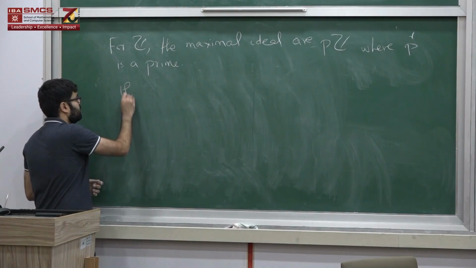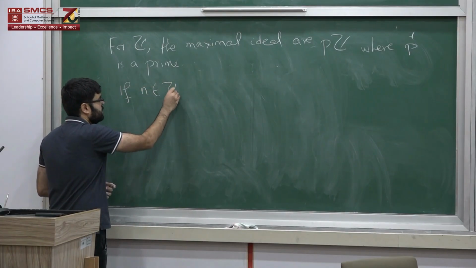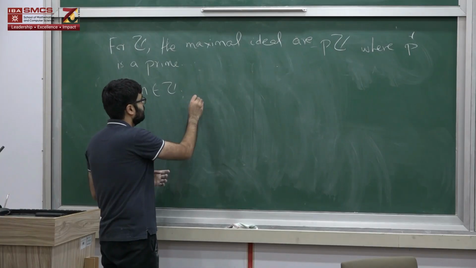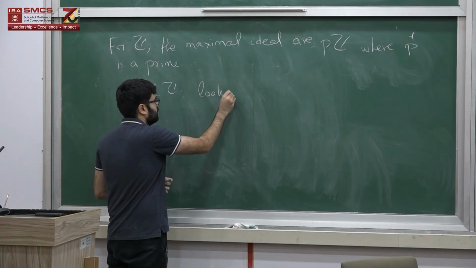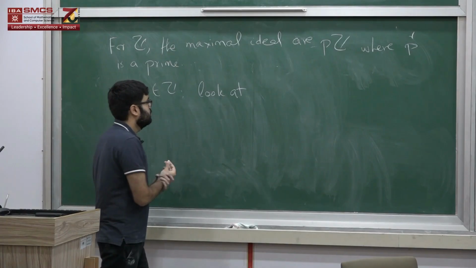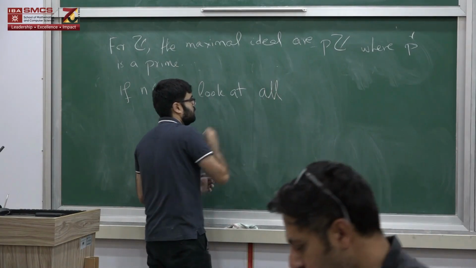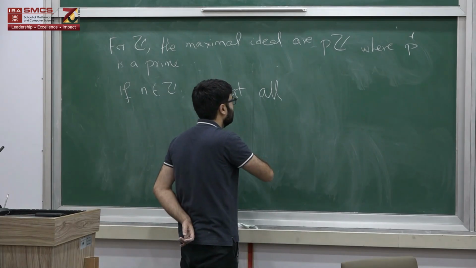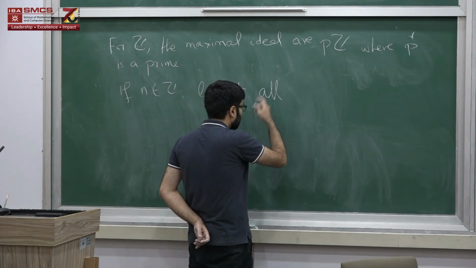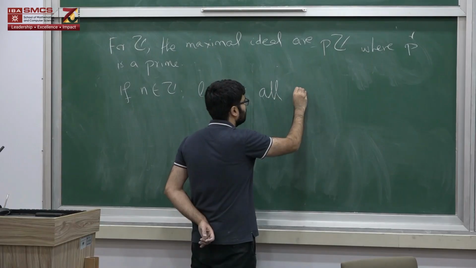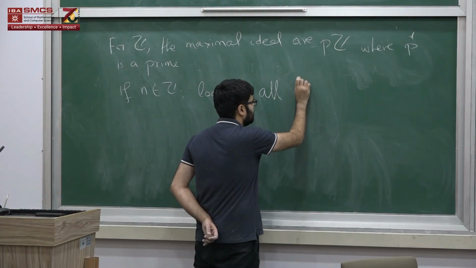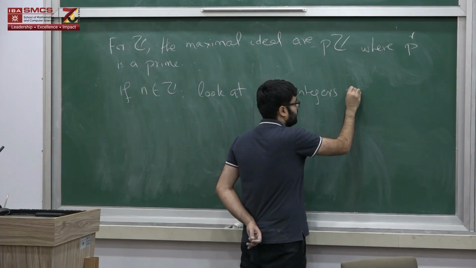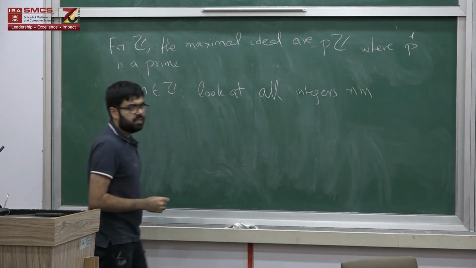So if I have an integer, and I have another, and I look at all products, all integers of the form nm. So I go over all integers n, m.